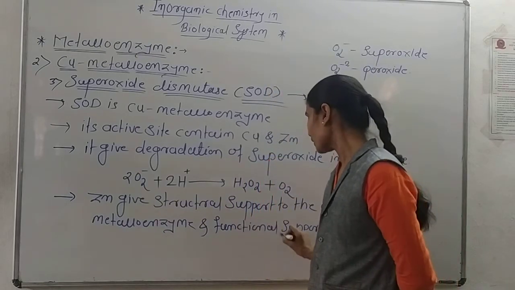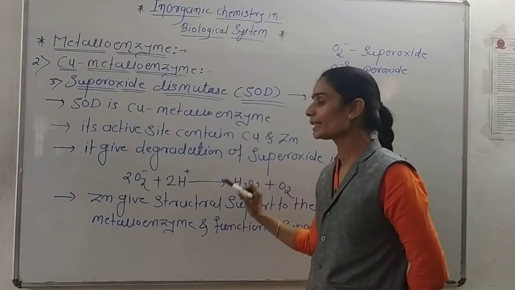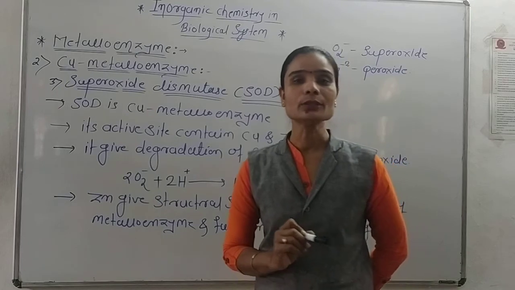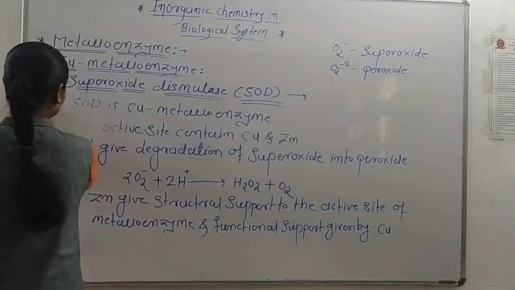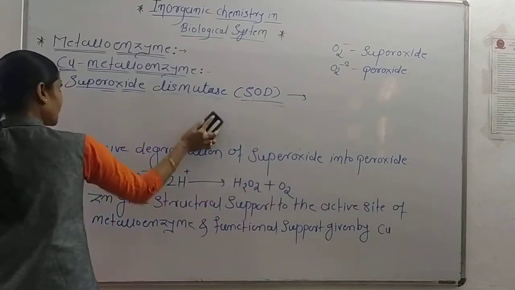So the main functional support in this reaction is given by the copper atom. So the zinc only gives the structural support. Okay, and we already saw the structure of superoxide dismutase in the last lecture.